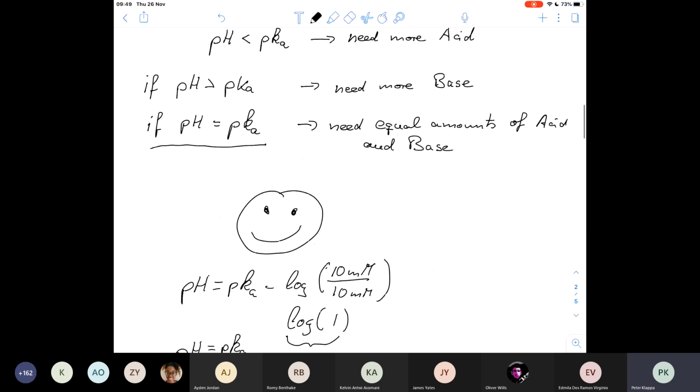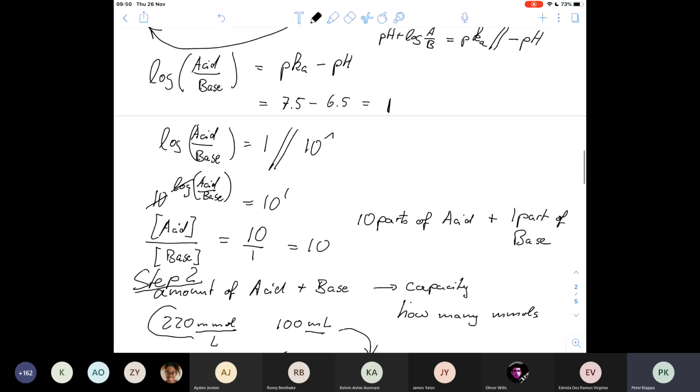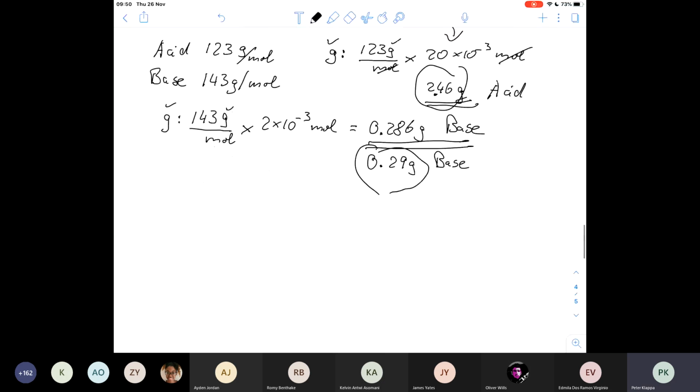Remember, in step 1, we said we need more acid than base because the pH is smaller than the pKa. That's actually a very important quality control step for us. So we are pretty confident that with our calculation, we didn't make too much of a boo-boo.